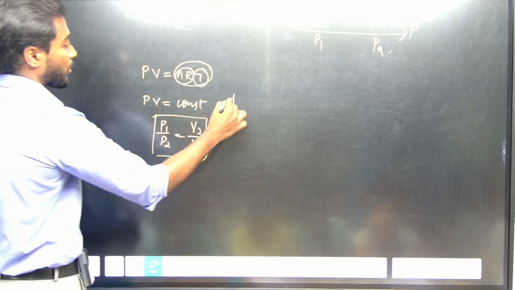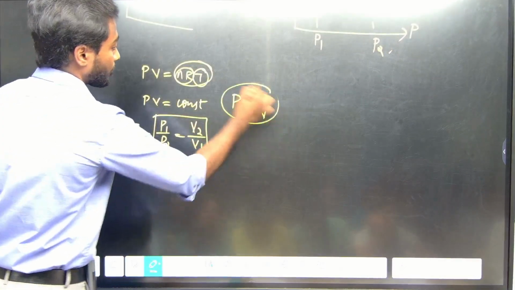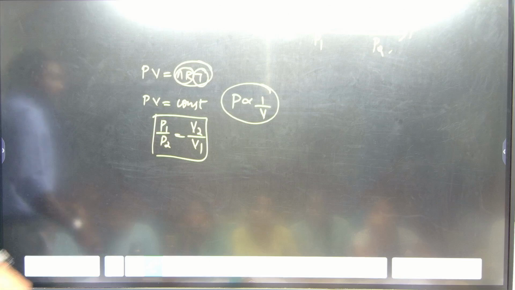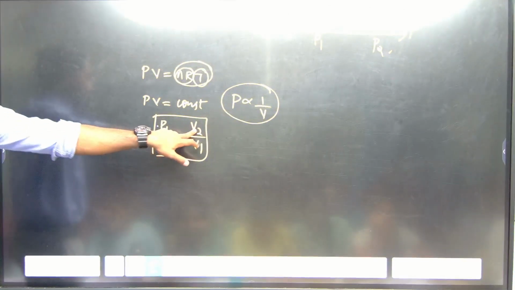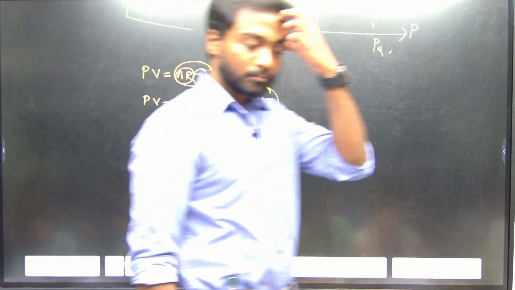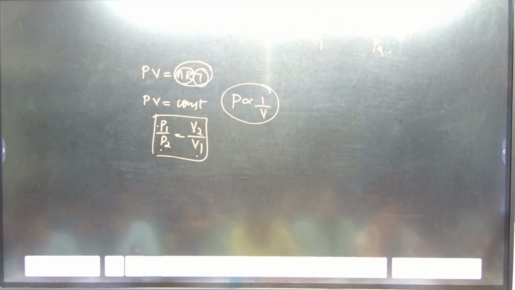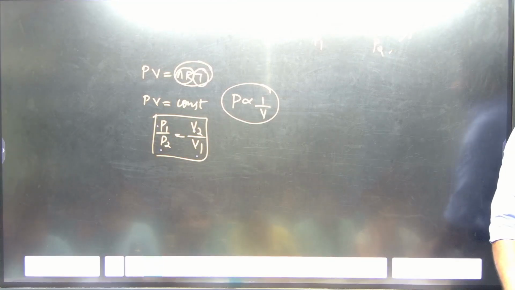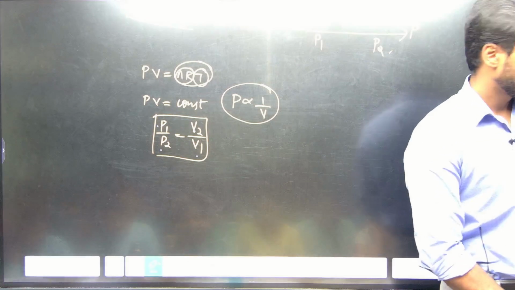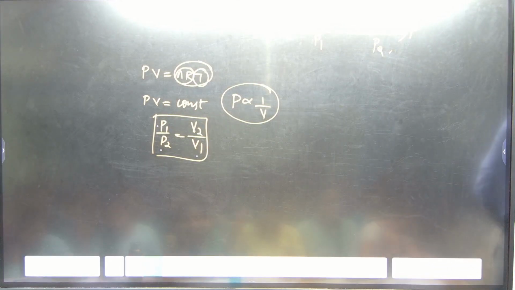Can I say P is inversely proportional to V? Yes, so P1 by P2 will be equal to V2 by V1. Write down the next point.